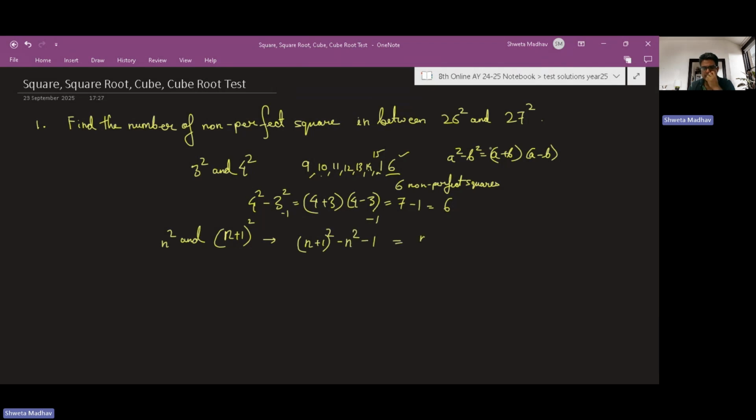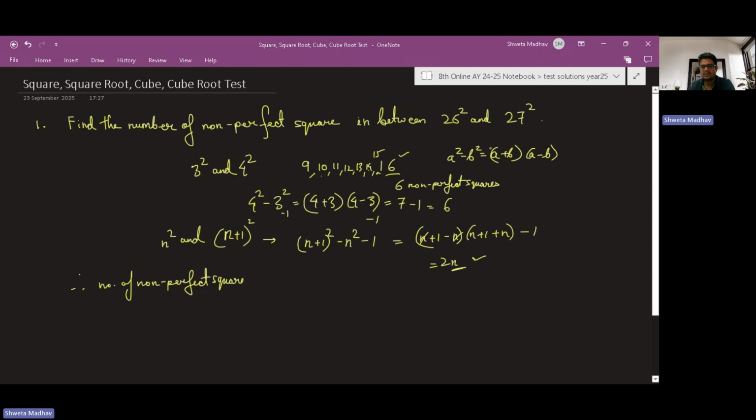So that will be n plus 1 minus n into n plus 1 plus n, minus 1. So this will be 2n plus 1 minus 1. Therefore the number of non-perfect squares in between n square and n plus 1 whole square is 2n.